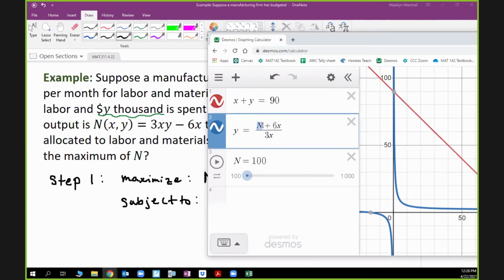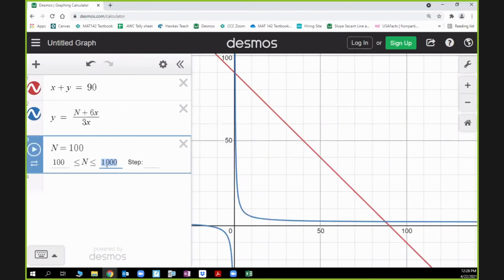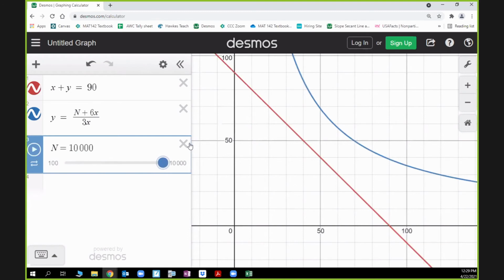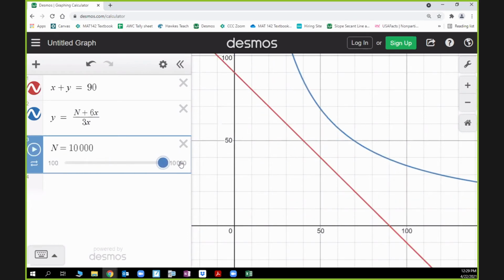But N is the output, and so now I've added a slider N and didn't make the slider big enough, so let me change that. So this blue curve is the relationship between X and Y. X and Y are our regular two axes.